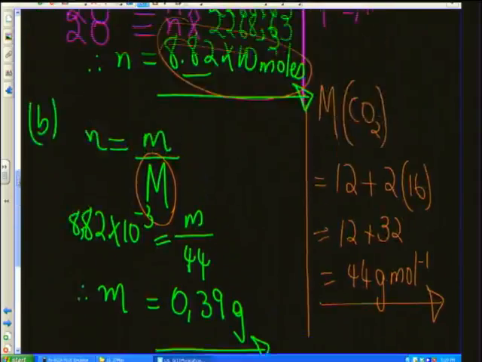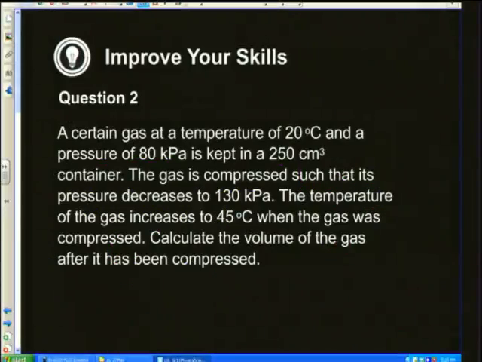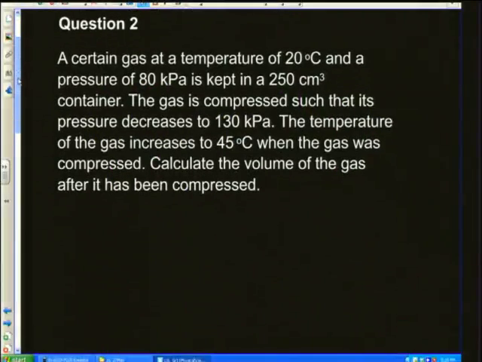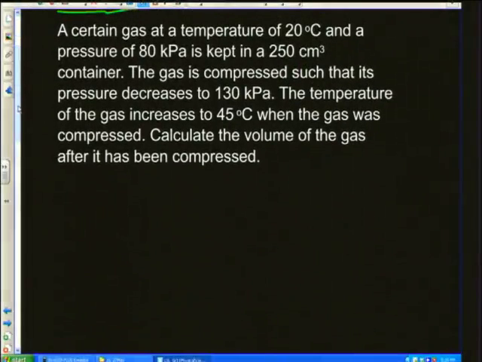Right, going back to the next question, question number 2. It says, a certain gas at a temperature of 20 degrees Celsius and a pressure of 80 kilopascals is kept in a container of 250 cubic centimeters. The gas is now compressed such that its pressure decreases.